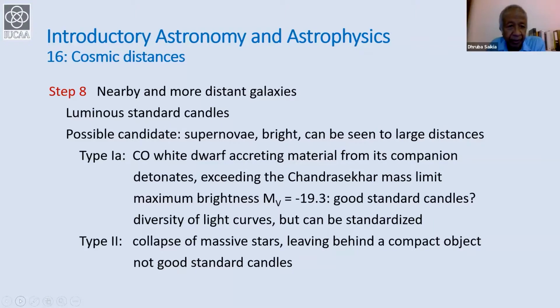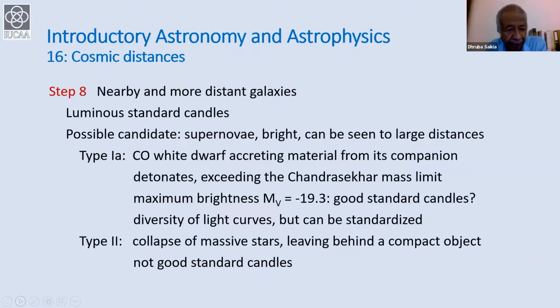Now, as we know, some of the brightest objects in the sky, which we met, were when massive stars explode in the end stages of their lives as supernovae. And these are extremely bright objects and can be seen to large distances. But the question is, are they a good standard candle? For example, if it has to be a good standard candle, then the dispersion in the luminosity has to be absolutely minimal, so that you can tell yourself, hey, this is the intrinsic luminosity, and this is my observed flux, so this is the distance to the object.